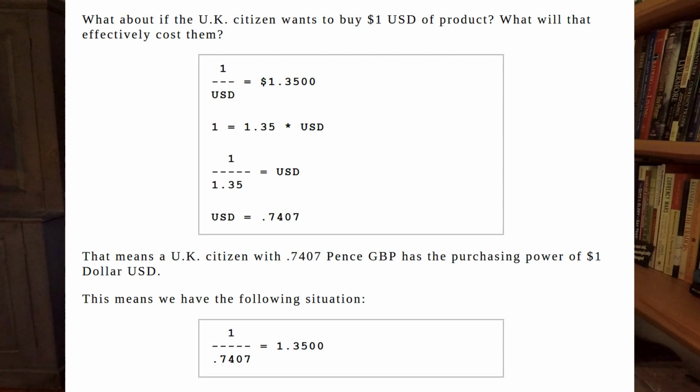So this means we have the following situation. As you can see from that ratio, 1 divided by 0.7407 is equal to 1.35. So basically, by taking the reciprocal of the pair price, you get the value of the other currency in that currency price. Okay, that just goes to make sense.